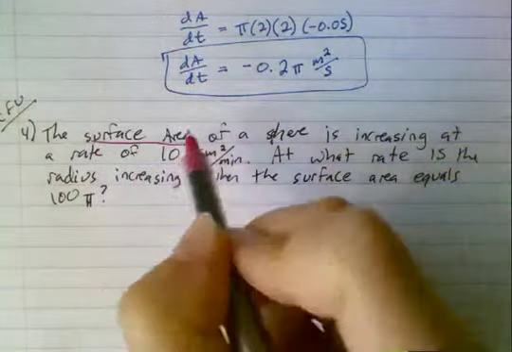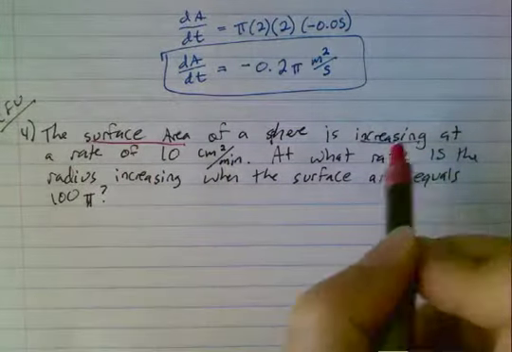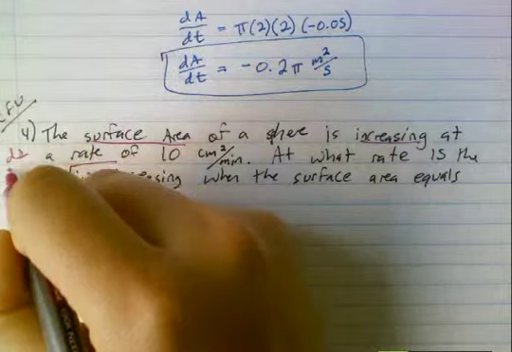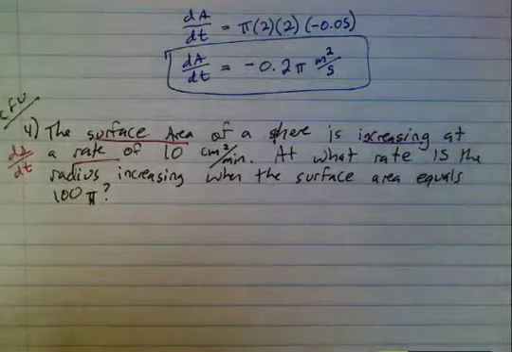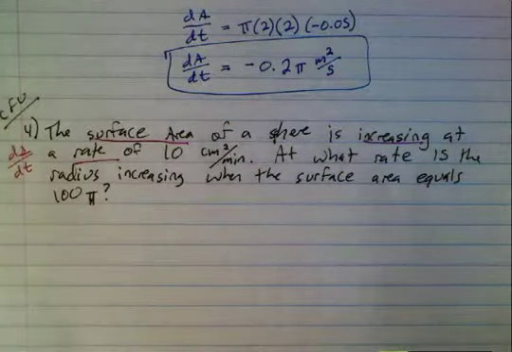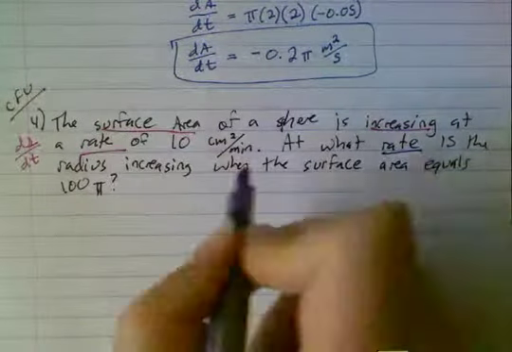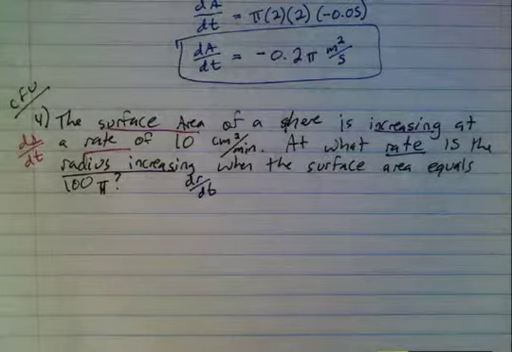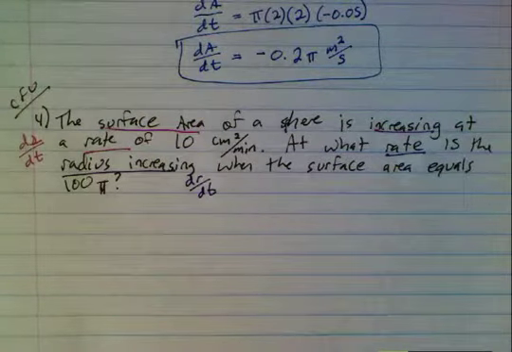Okay, so surface area increasing at a rate of, so this is dS dt. Let's make S for surface area. At what rate is the radius increasing? That's dr dt.